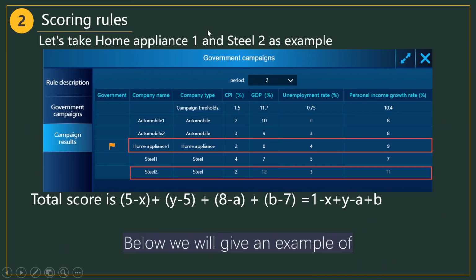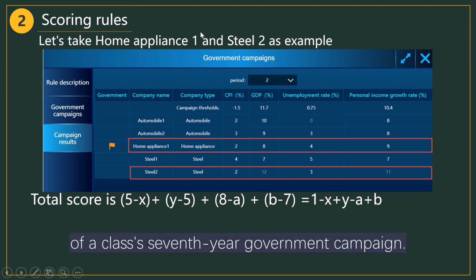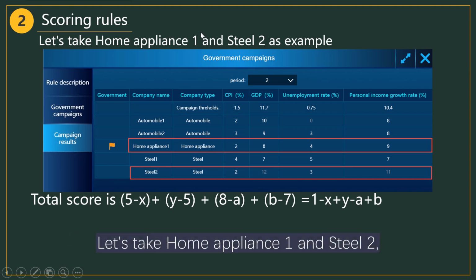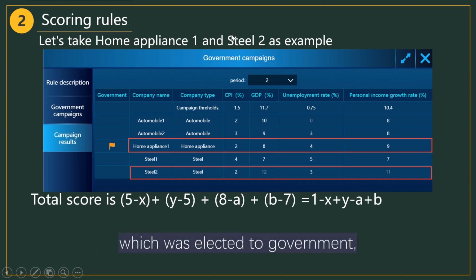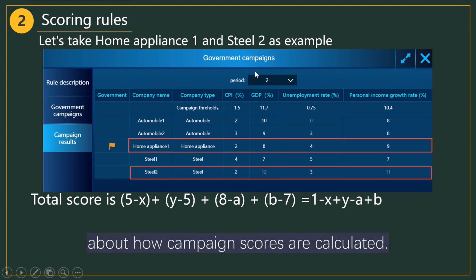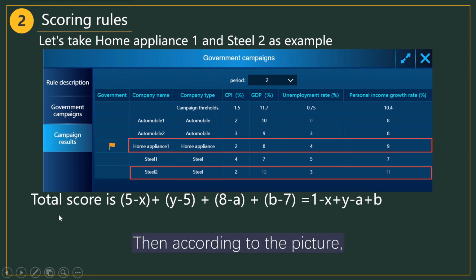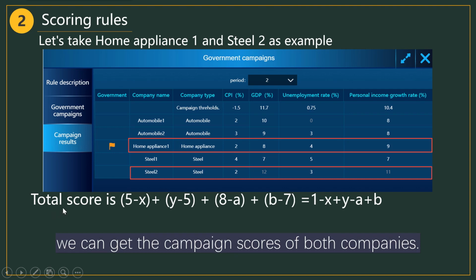Below we will give an example of how to calculate the campaign score. This picture shows the results of a Class 7th year government campaign. Let's take Home Appliance 1 and Steel 2, which was elected to government, as an example. Based on what we learned earlier about how campaign scores are calculated, according to the picture, we can get the campaign scores of both companies.